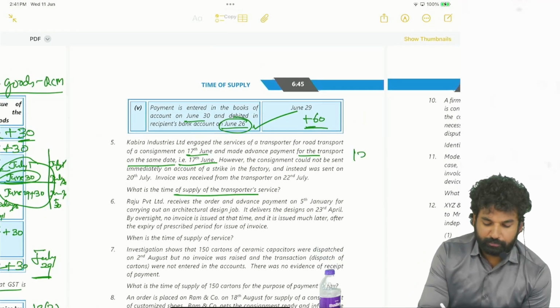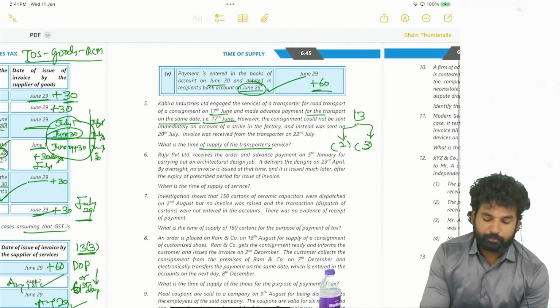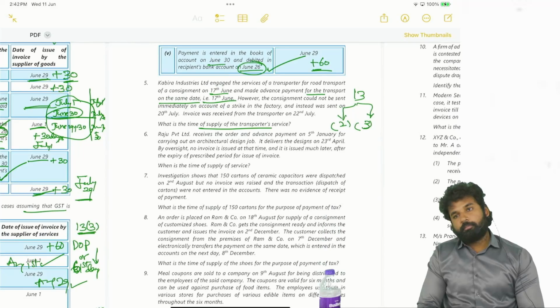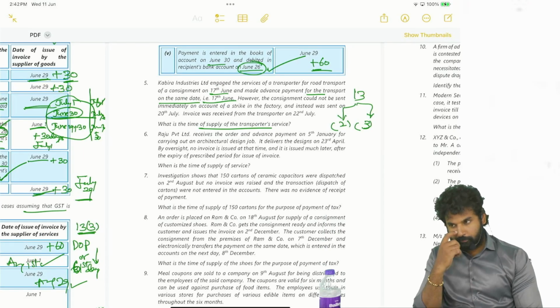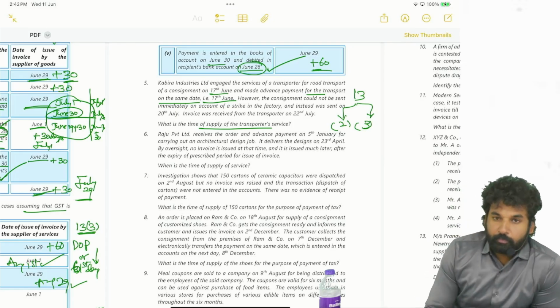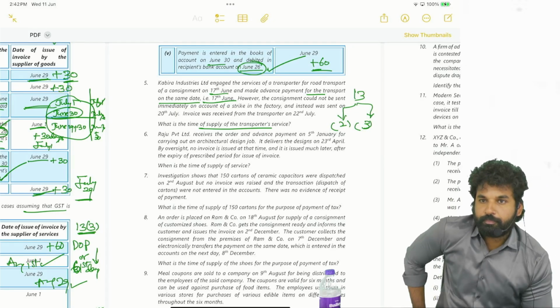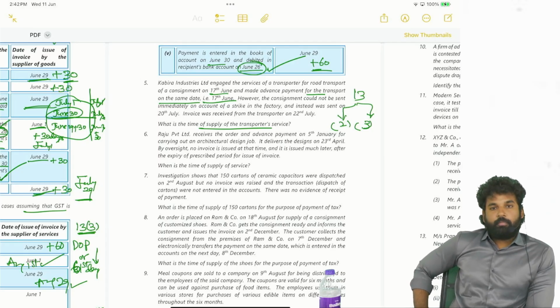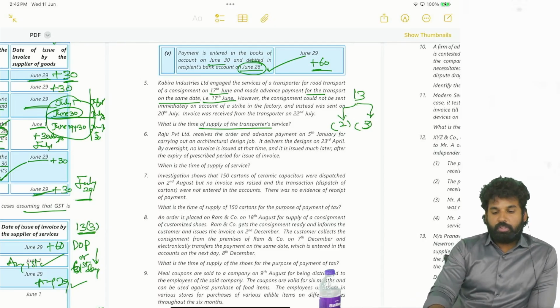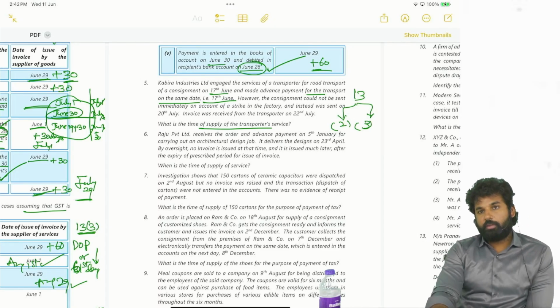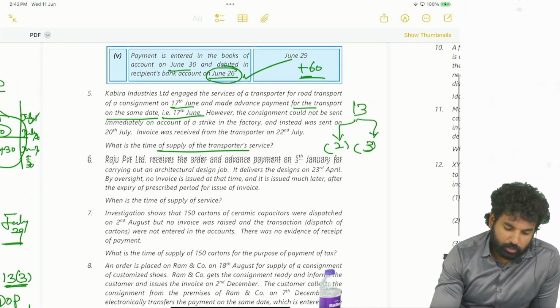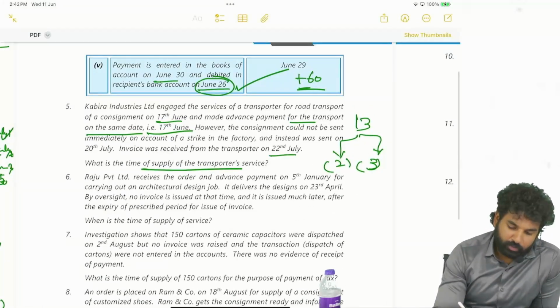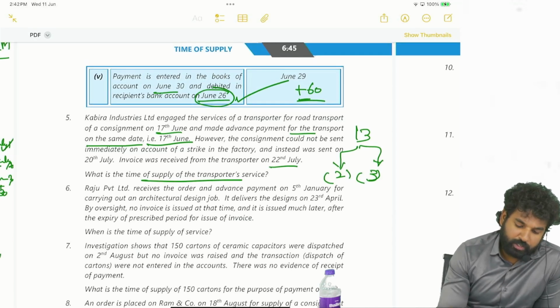Services means section 13 will come, 13(2) or 13(3) will come. 13(3) will come, reverse charge. Okay, reverse charge. What is the provision there? Date of payment or 61st day. What is the invoice date here? 22nd July plus 61st. What is the date of payment?